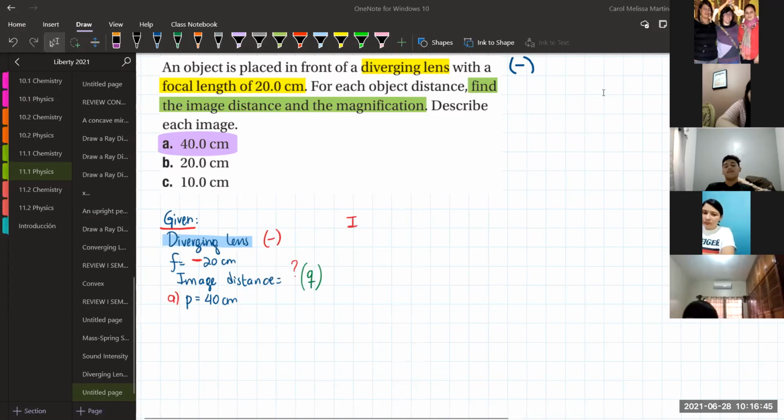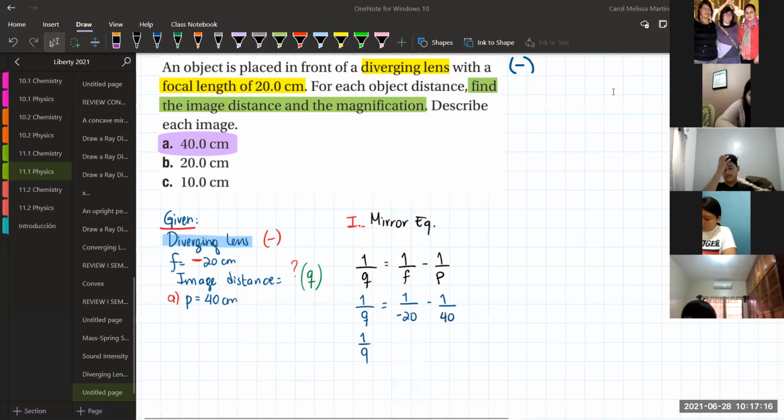First step, mirror equation to isolate for Q. So we say that 1 over Q is equal to 1 over F minus 1 over P. Remember, focal is negative. So we say that 1 over Q is equal to 1 over 20, but negative, okay, minus 1 over 40.